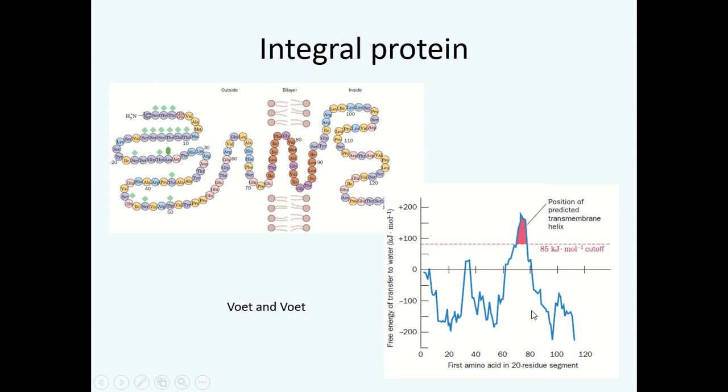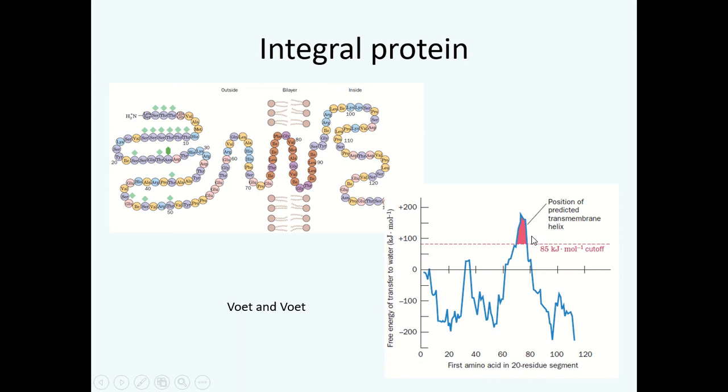So in this way, by computationally looking at the free energy of transfer from a nonpolar to a polar environment, which is water, we can find which regions of the protein are most unstable. The regions which are most unstable in water are the parts which are most hydrophobic. And since they have a degree of hydrophobicity higher than the cutoff value, they are expected to be embedded in the membrane.